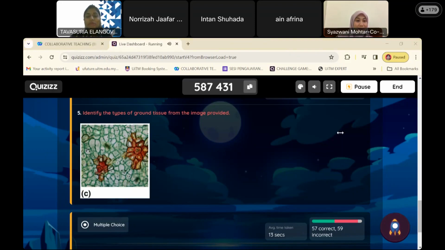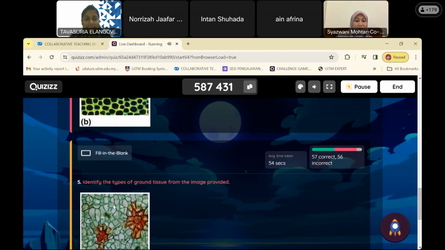So which one is the right answer? Collenchyma or sclerenchyma? Look at the cells, the structure here. So what is the correct answer? Of course, when you submit, you can see the right answer.